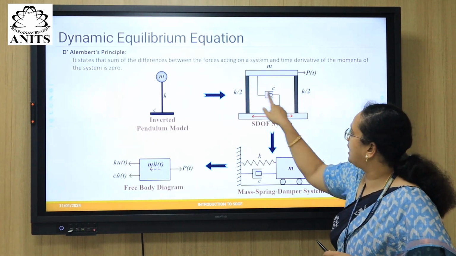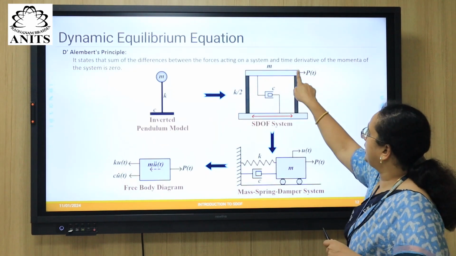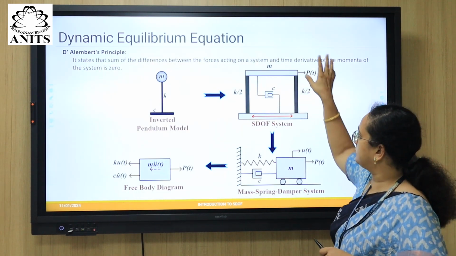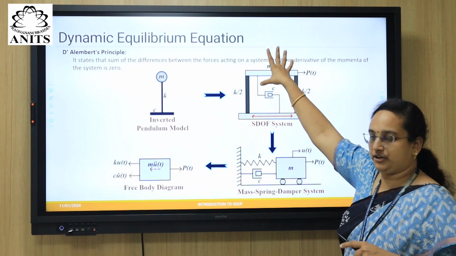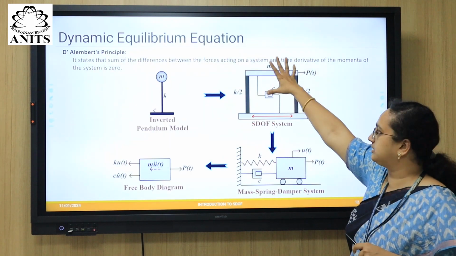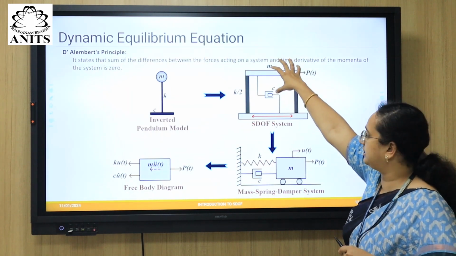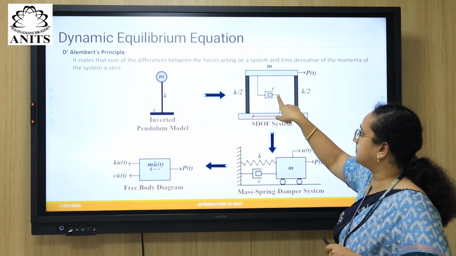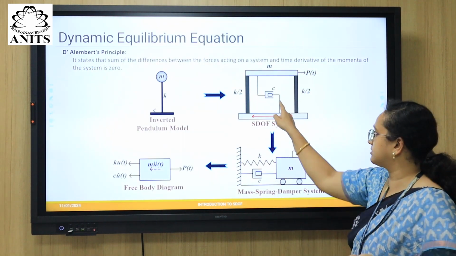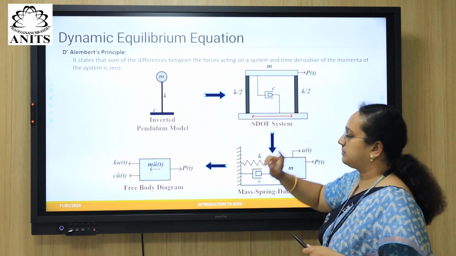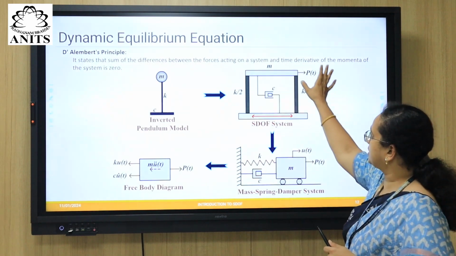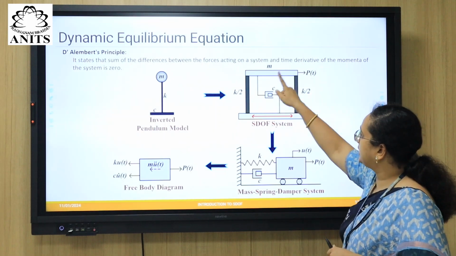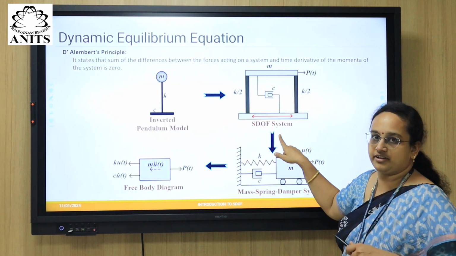Each column will have half of the stiffness, k by 2, and mass lumped at the top. So columns are massless. Whatever mass of the column is actually going to the top. Beams and slabs, everything lumped at M, at the roof, which is equal to M of the structure. Then C is represented by a viscous damper. This is called a damper, represented by C. This is what is called mathematical idealization. The mathematical idealization is a single degree of freedom system.